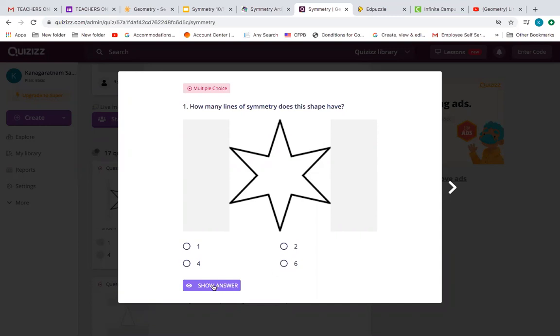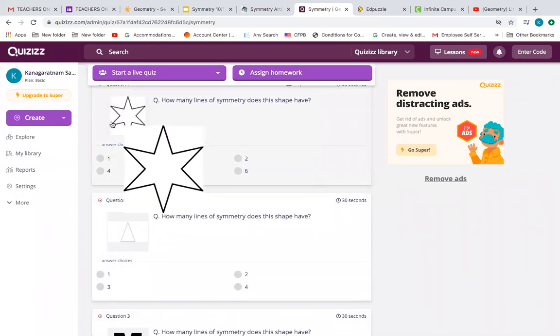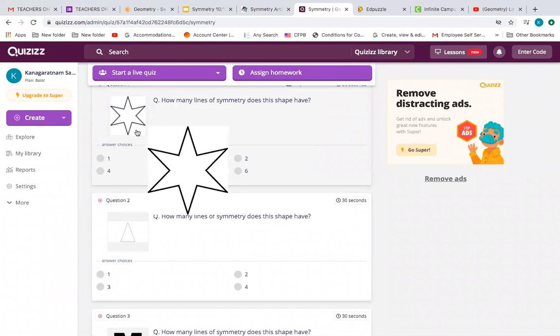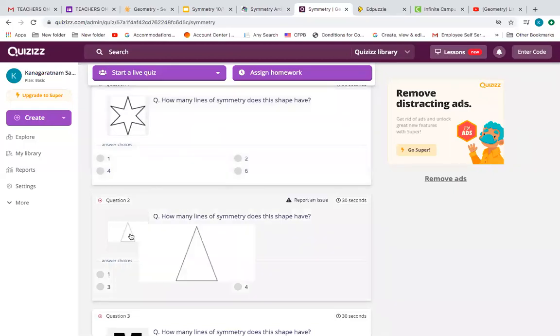So it should be 6. Let's see. Yeah, it is 6. So I count 1, 2, 3, 4, 5, 6. I just counted because all the sides are equal. So that's how I found it.